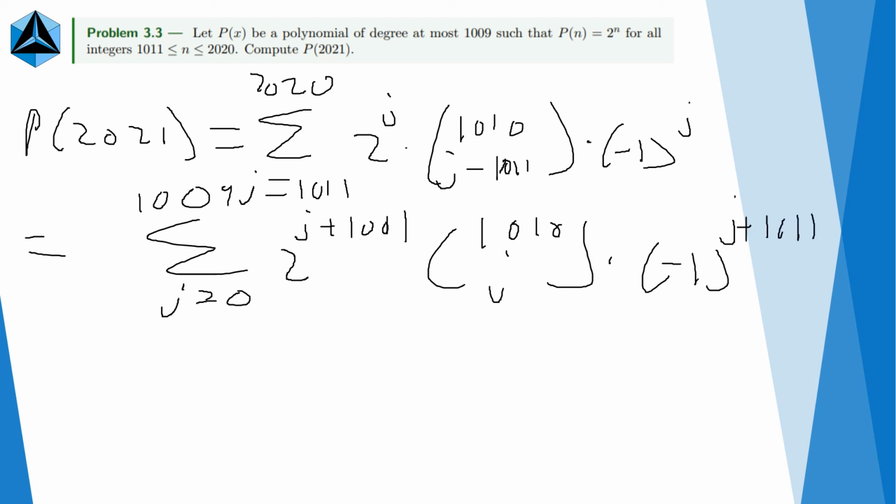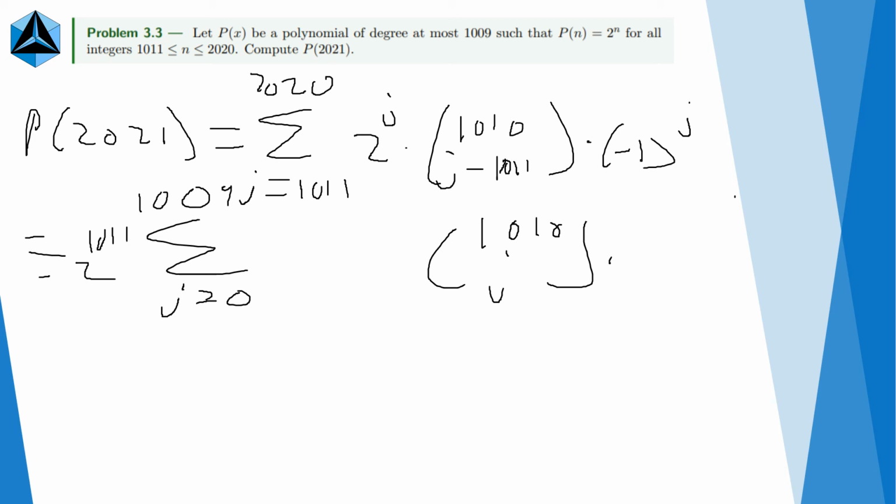We can move the 1011 part outside of this, because we probably want everything to be in terms of just j. So this becomes -2 to the 1011th times all of this. And we can also combine the -1 to the power of j and the 2 to the j to just get -2 to the j. And so here's what we're left with.